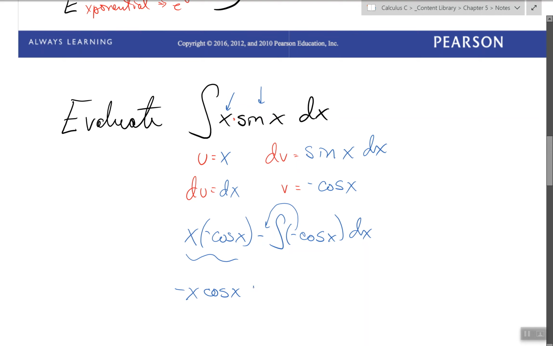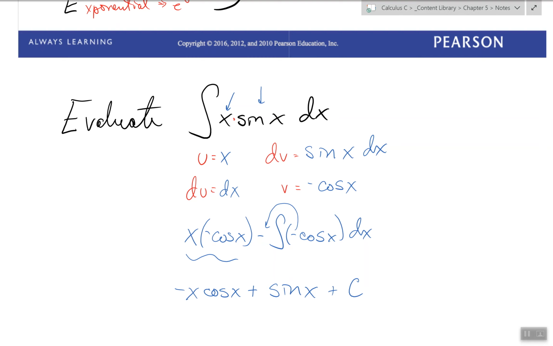So that's going to change to a plus sign, and then the antiderivative of cosine is sine. And there we go. We always want to add our plus c since we're doing a general antiderivative, so we have negative x cosine x plus sine x plus c. That is our antiderivative of x sine x.